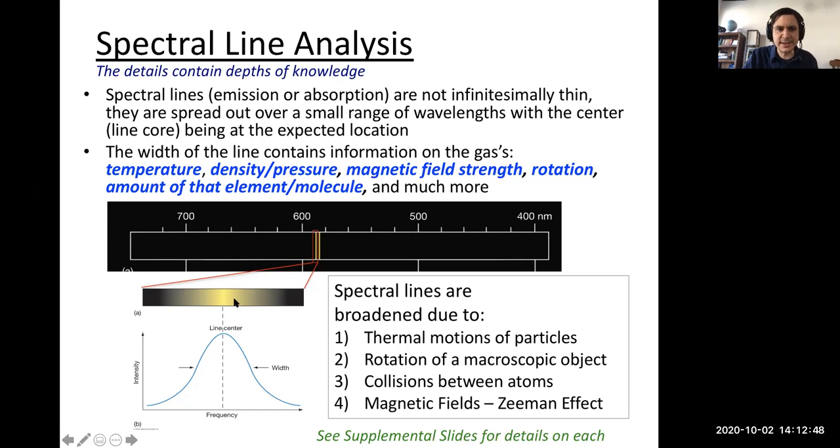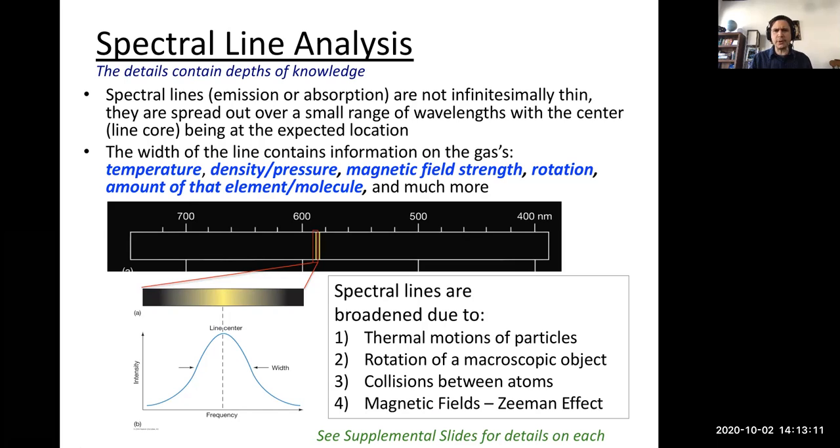If we look at the line in detail, it has the brightest part exactly where we would expect. So if we're talking about the hydrogen alpha line, it would have a wavelength of 656.3 nanometers. But then we'd see that the line isn't infinitely thin. It fades out, it gets dimmer as you move away from this central brightest point.